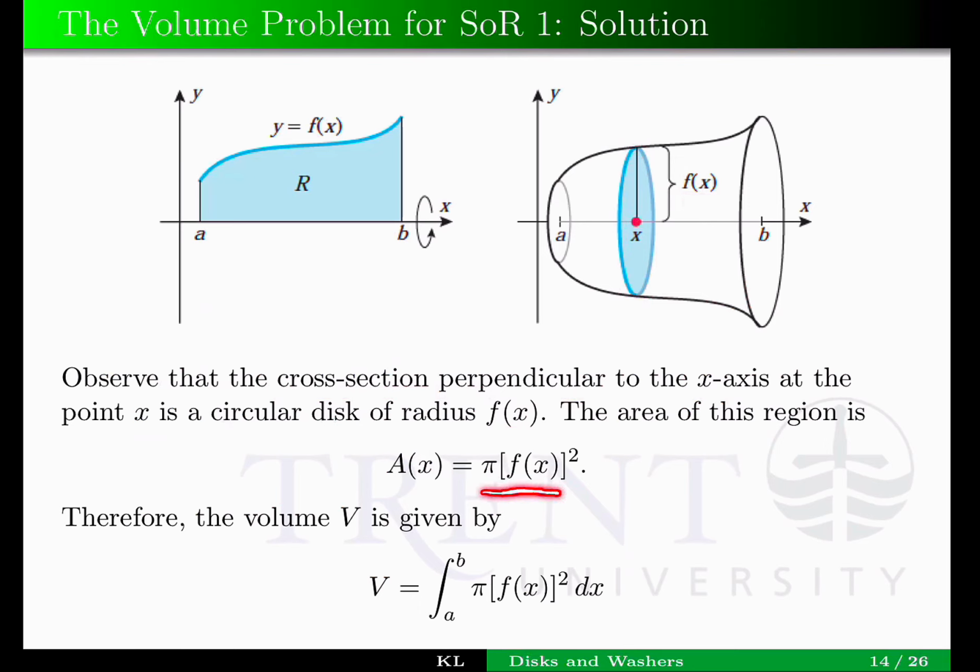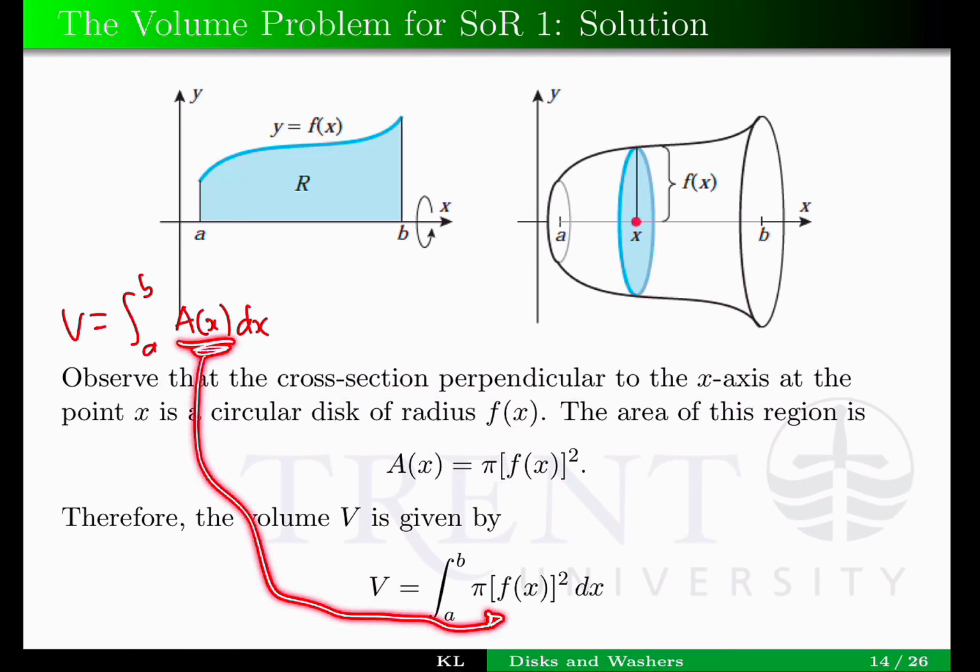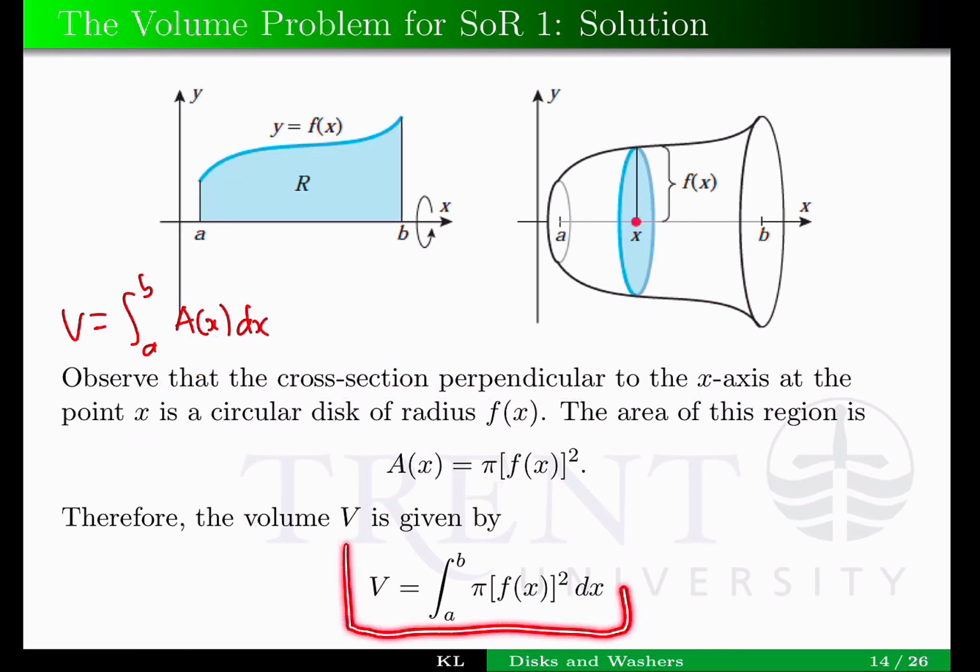So, we will have A of x equals pi f of x squared. Which means from our formula, volume equals integral from a to b of A of x dx, we will now have this A of x to be pi times f of x squared. Okay? So this is a very specific formula.